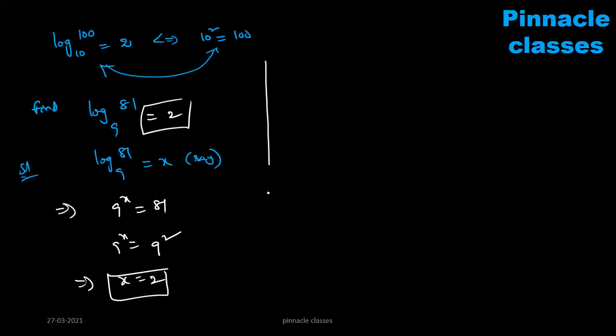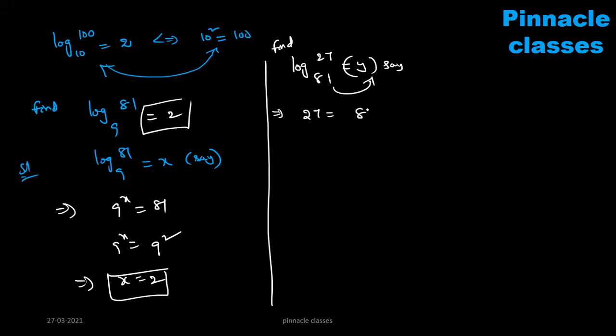One more model. Log 27 to the base 81. Find. What is your answer? Log 27 to the base 81. So in this case, again, take it equal to y. What to do here? 27 is equal to 81 power y.